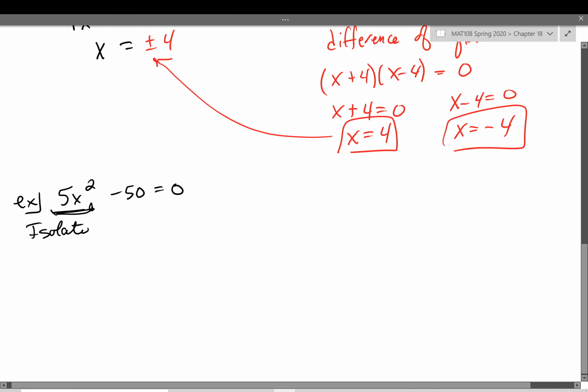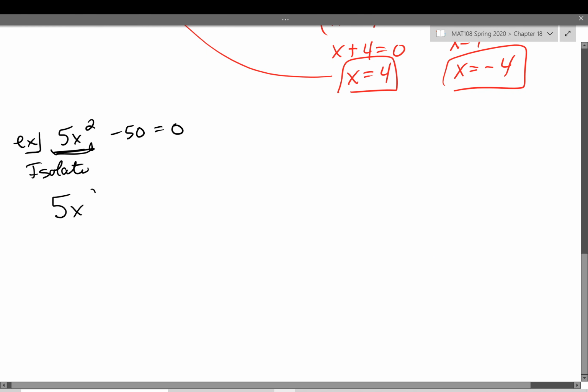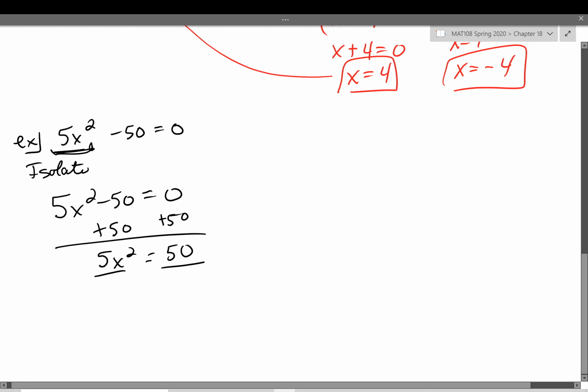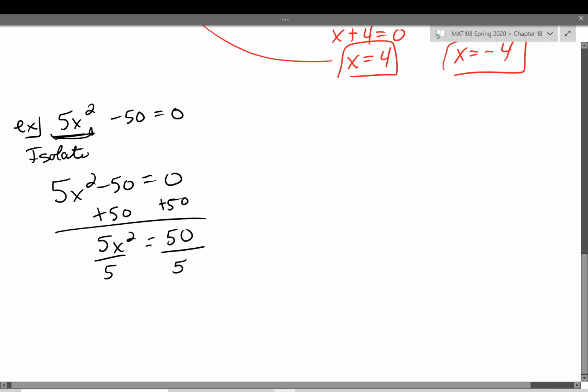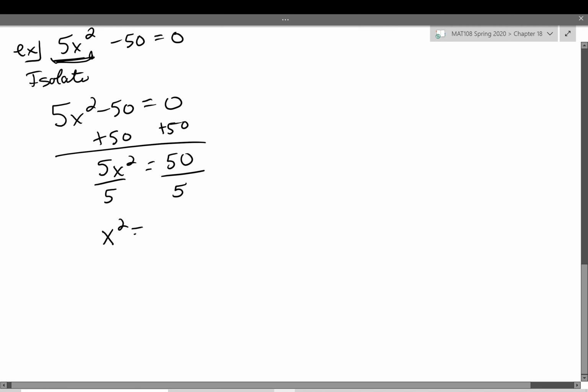So what I'm going to do is rewrite the problem. And then I'm going to add 50 to both sides to give me 5x squared equals 50. Divide both sides by 5. x squared equals 10. Now I apply the square root property.